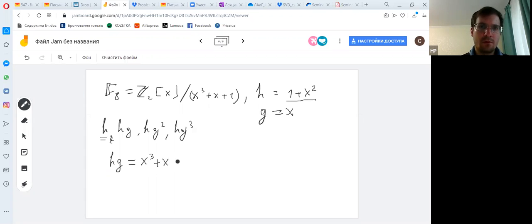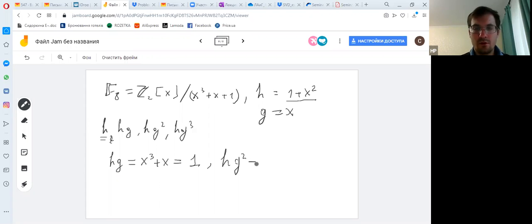Now we compute the remainder when we divide by x cubed plus x plus 1, and this remainder equals 1. Okay, what is Hg squared?